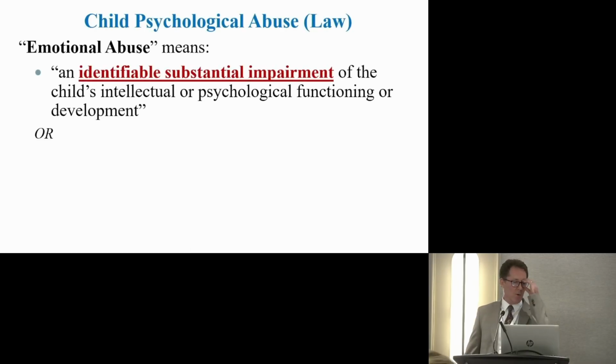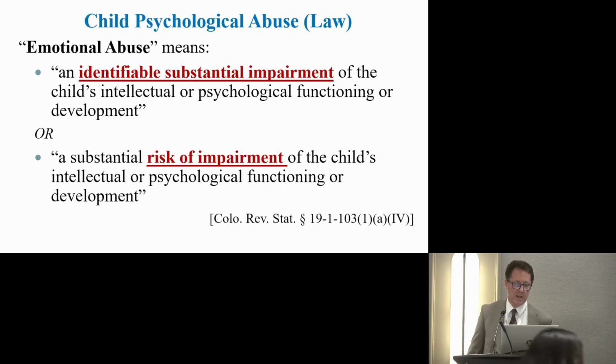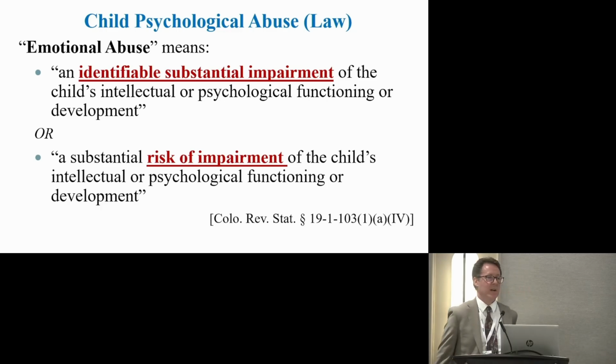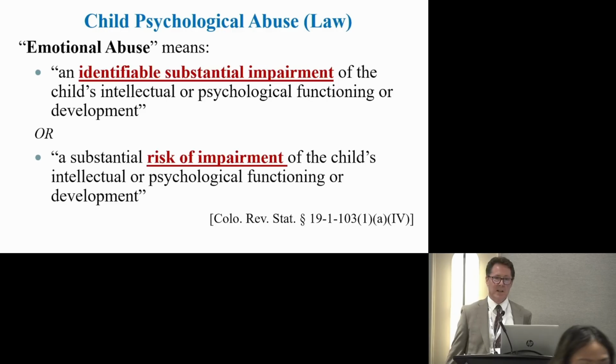So let's look at one of the good laws that helps us identify parental alienation when children are exposed to parental alienation behaviors, but before they develop the symptoms. If you live in a state or a province that says the child has to show harm, demonstrable symptoms of significant harm before you can call it emotional abuse, it's a problem.